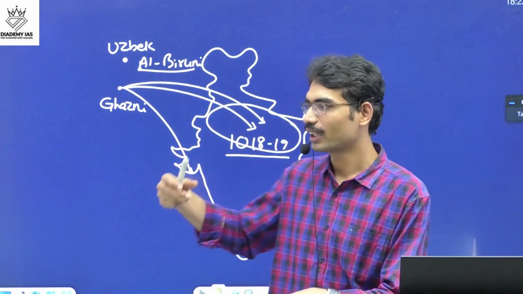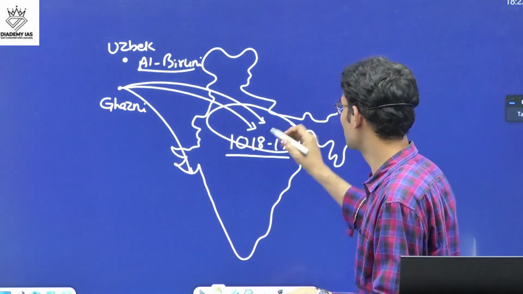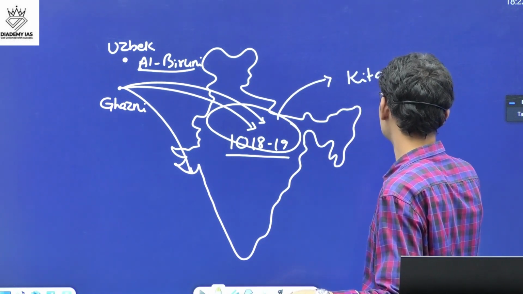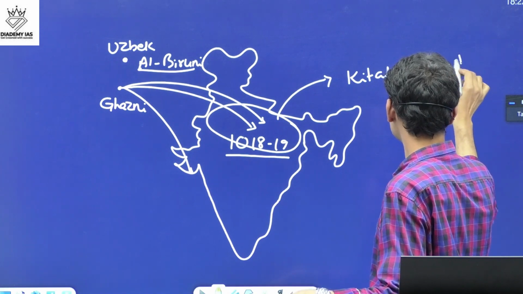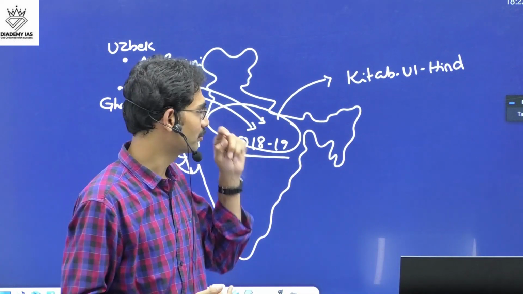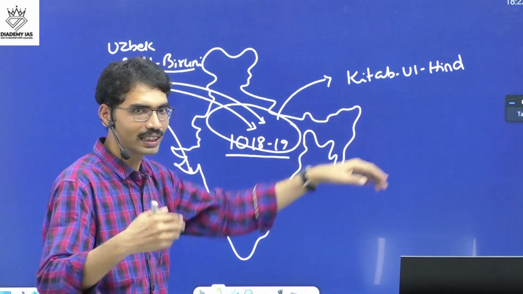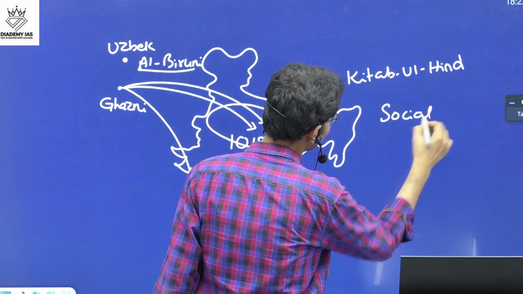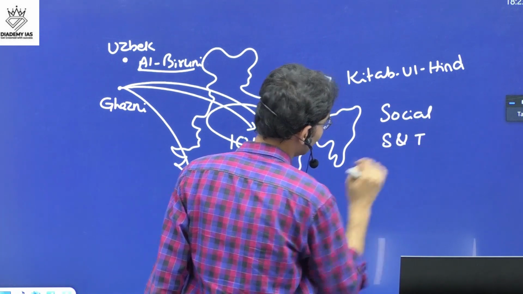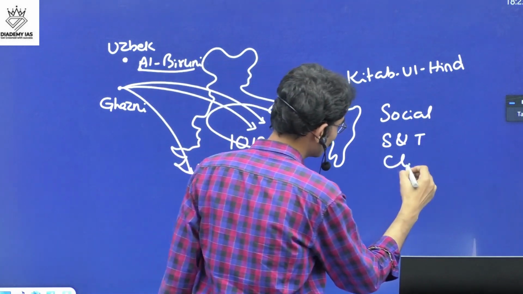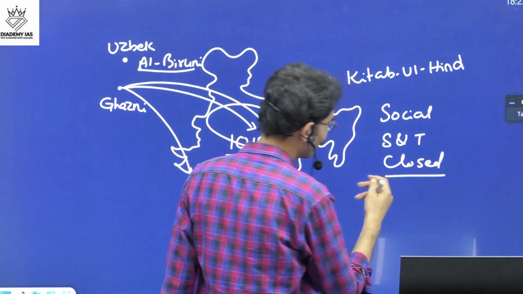Whatever observations he made, he wrote in a book called Kitab-ul-Hind. Tariq-ul-Hind or Kitab-ul-Hind, both are the same. In this, he mentions various social conditions, and science and technology in India, and he mentioned it is a closed society with different segments.